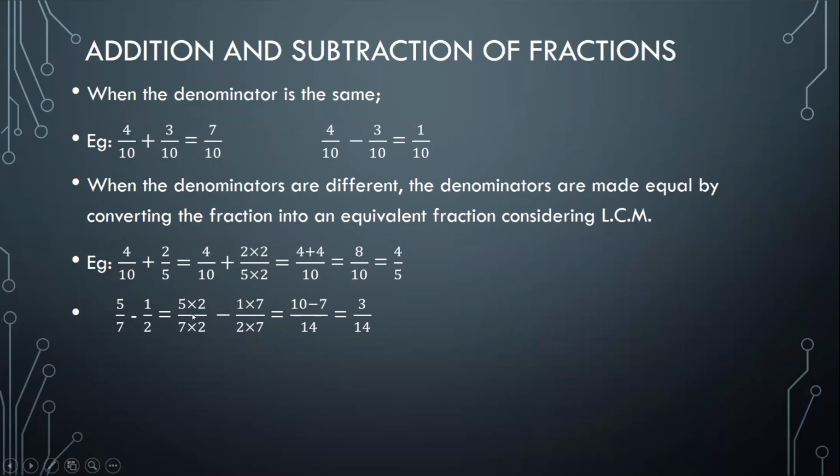So 7 by 2 and 5 by 2. And to convert 2 into 14, you have to multiply by 7, and the same for the numerator, so 1 by 7. Then you just have to subtract as in the first part. So 10 minus 7 is 3 over 14. Is it clear?